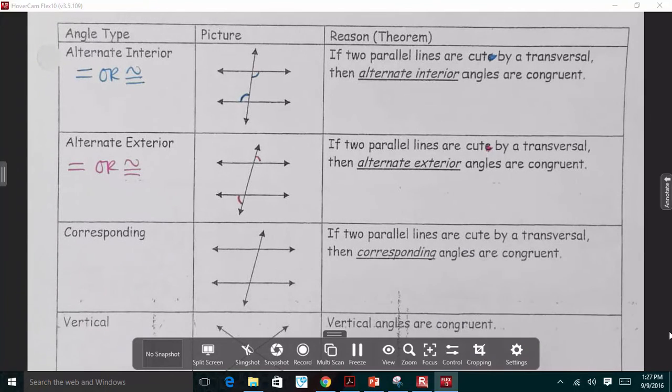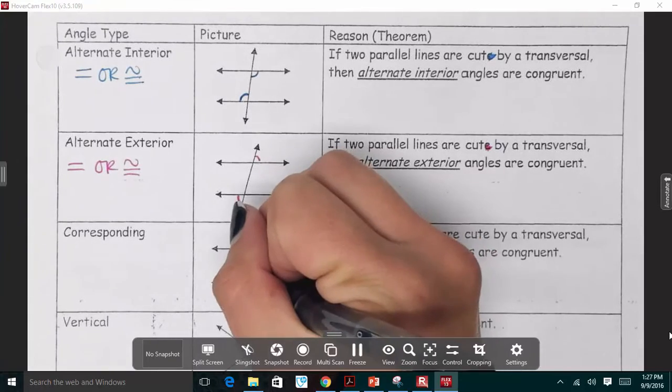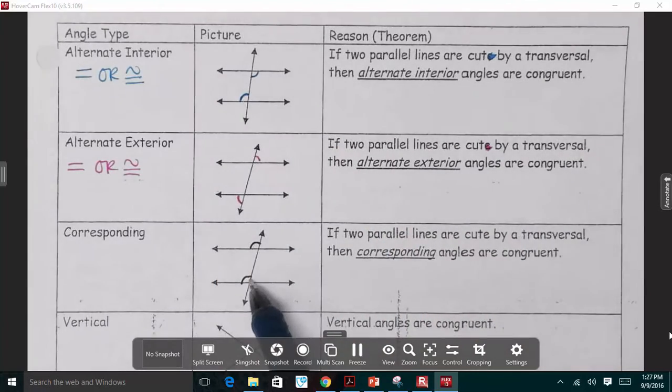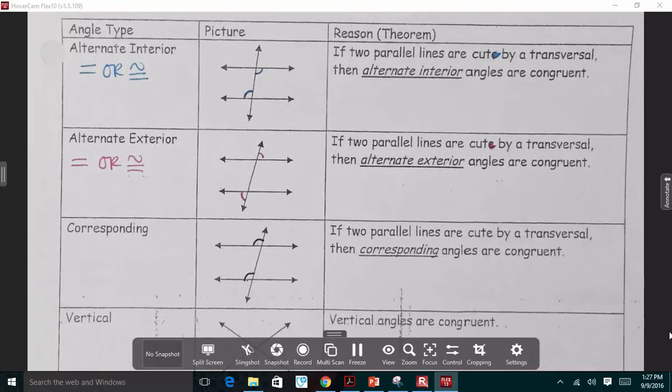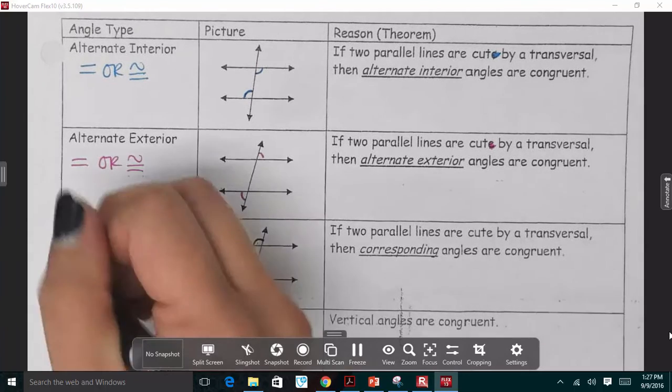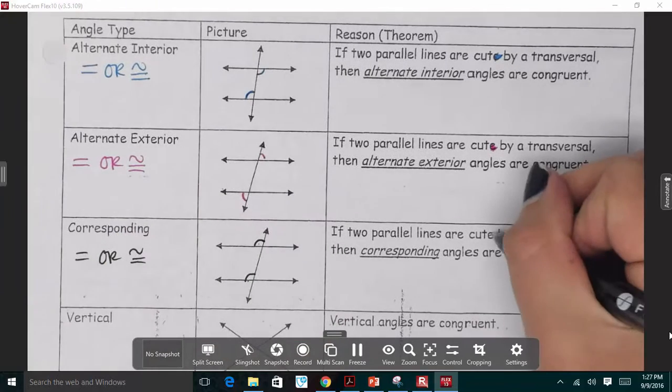Next we have corresponding. So our corresponding angles are in the same place in reference to our parallel lines. Like both of these are above the parallel line and on the left-hand side of the transversal. We also know these are equal or congruent. Okay, and same thing.